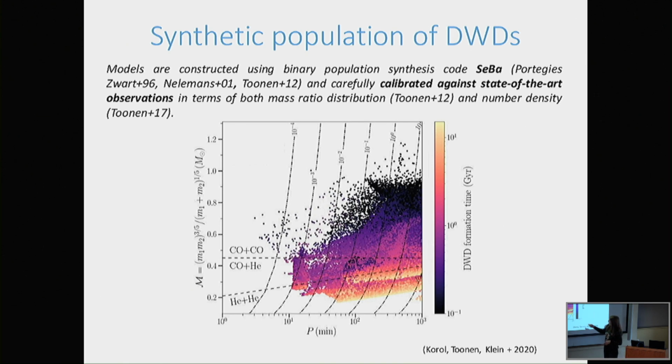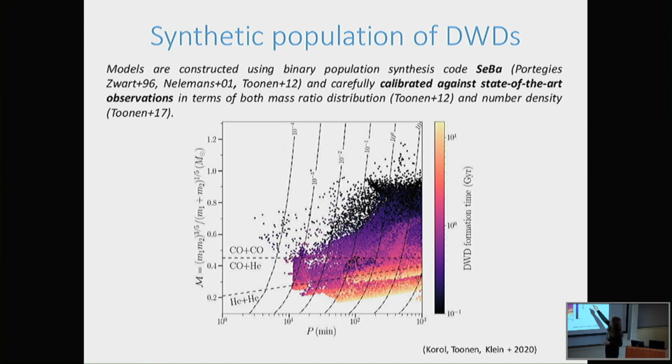So I cut this population to the LISA sensitivity band. The color here represents the formation time of the binaries, and you can immediately see the trend. The most massive ones take less time to form, and the less massive ones can take up to Hubble time scales.